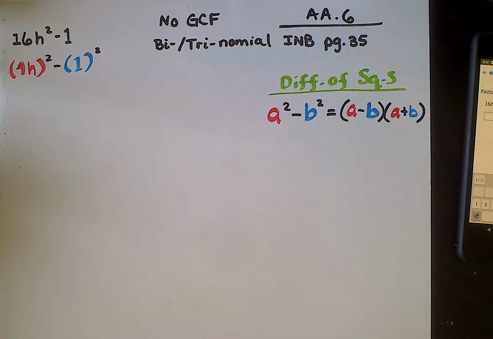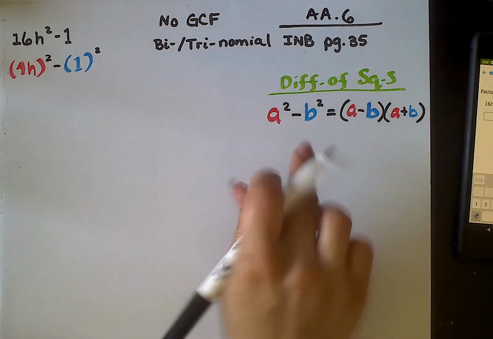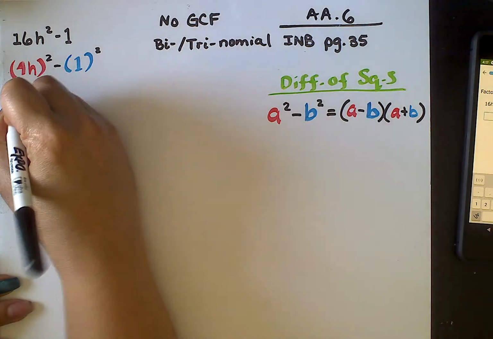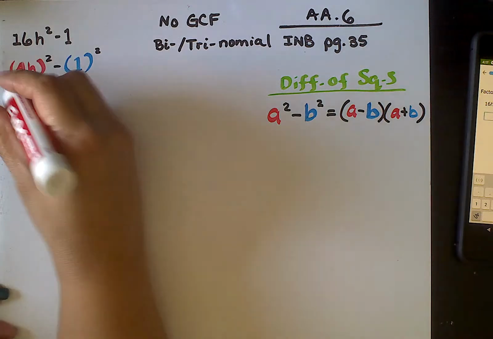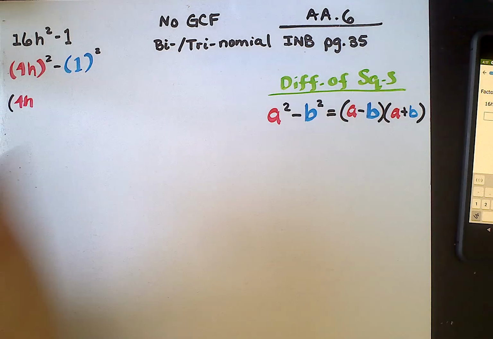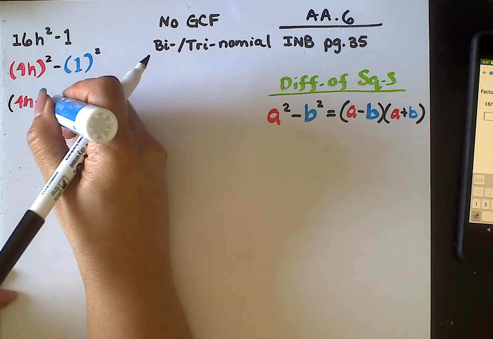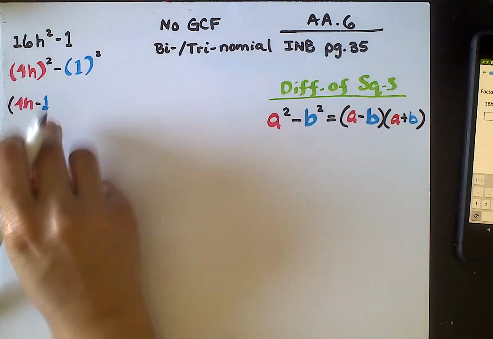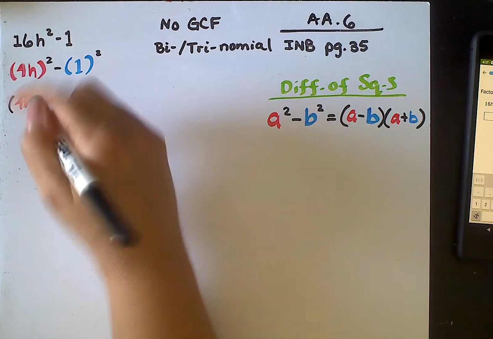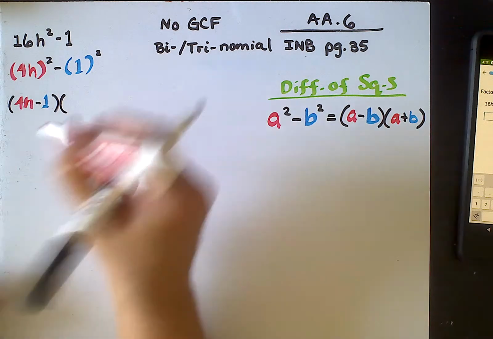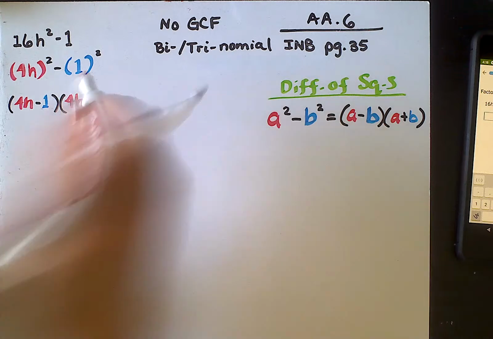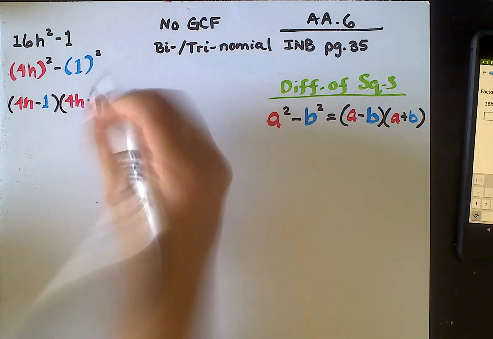So here I would have h squared. And then that makes this part really easy because I could say 4h minus 1, that's an ugly looking 1, but you guys get the point, and then times, again, 4h plus 1.